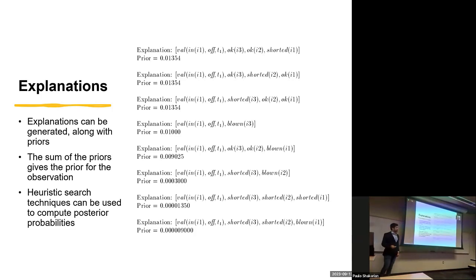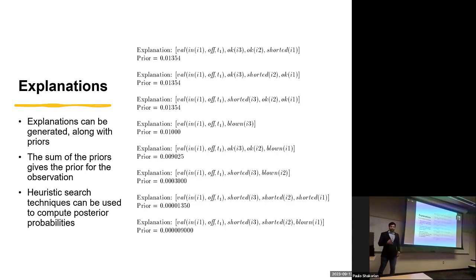Based on that, here in this example are all possible explanations enumerated. These are all things that could be true initial conditions that could lead to that observation, whether something is shorted or blown. And we can directly compute the prior probabilities of that.